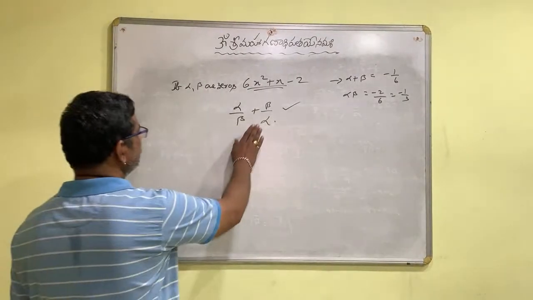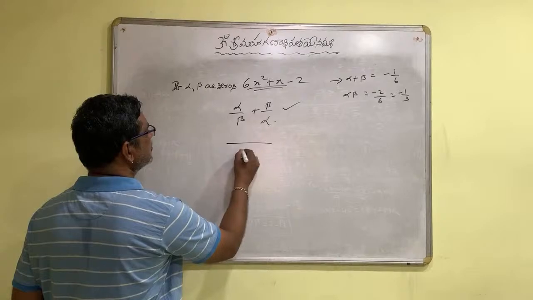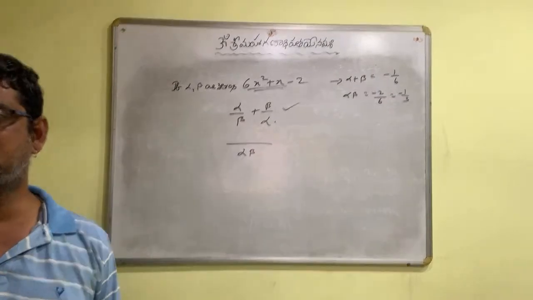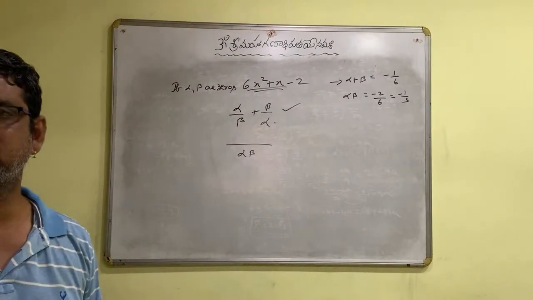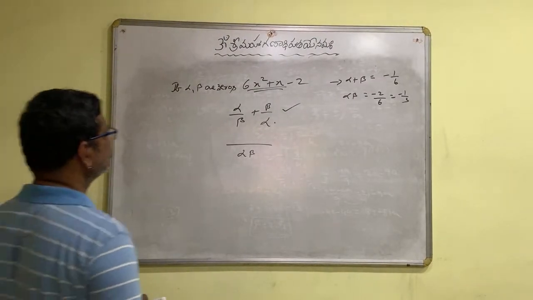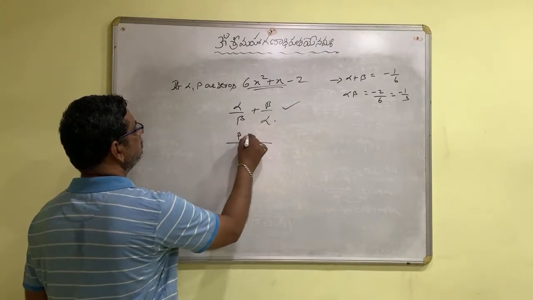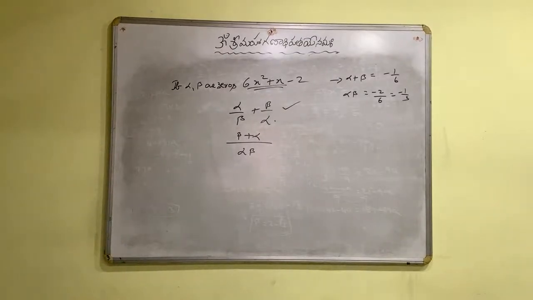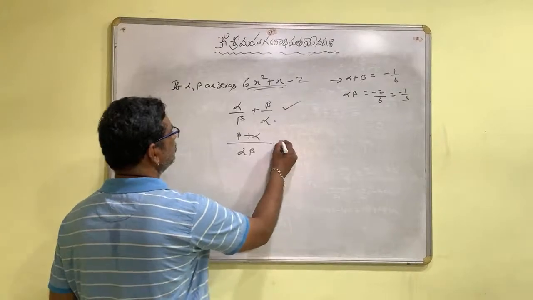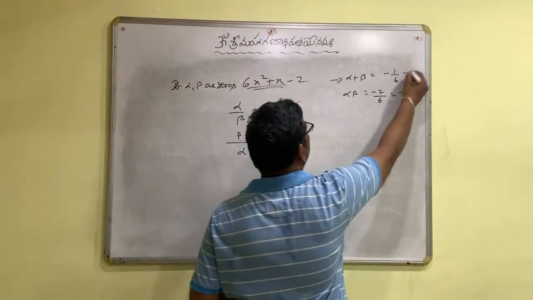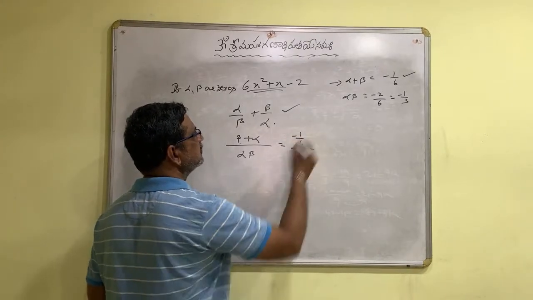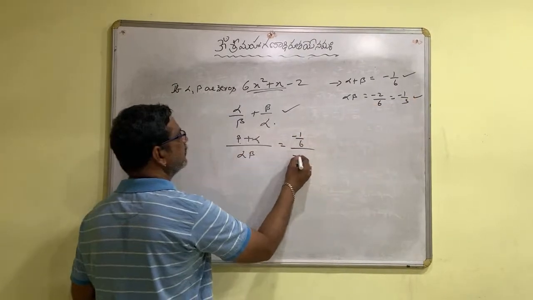Now look at this one. I can take LCM as alpha beta. Now what will I get on the top? Beta plus alpha, which is nothing but alpha plus beta. So negative 1 by 6 and alpha beta negative 1 by 3.